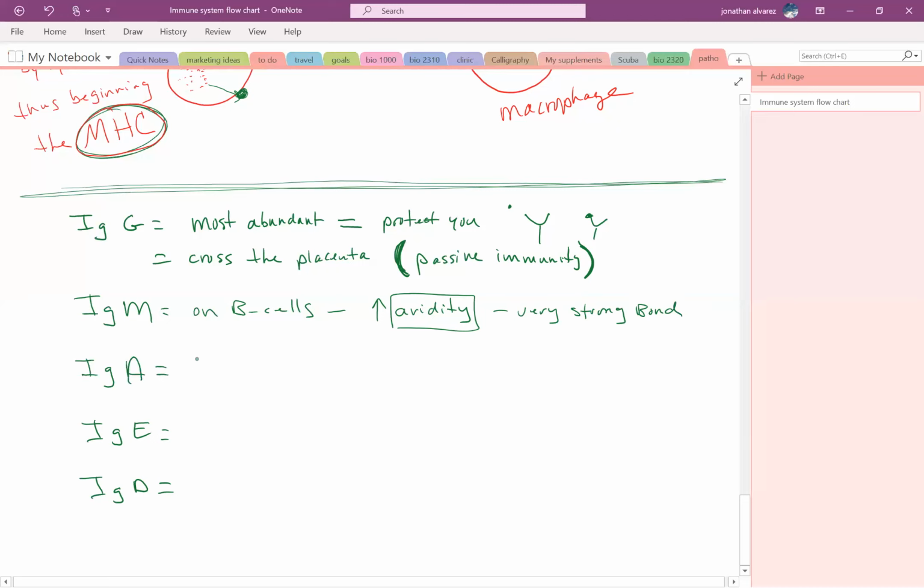Okay, these are found in body fluids, such as your mucus. Okay, now write that stuff down. It's found in the mucus. It's found in your gut. Found in the respiratory system.